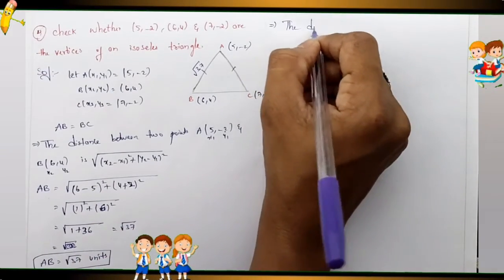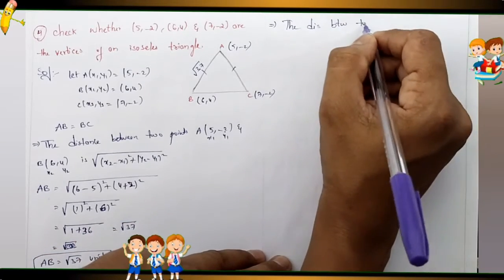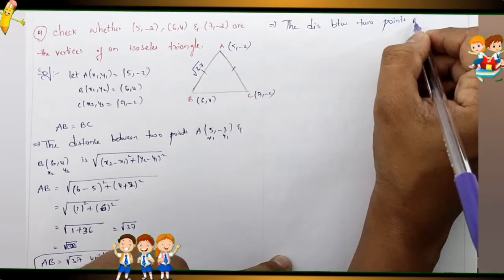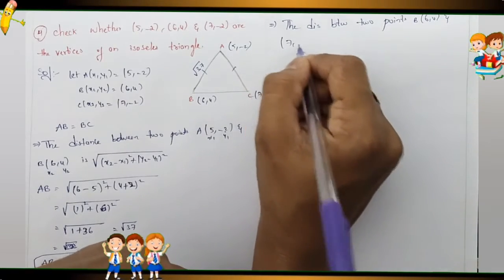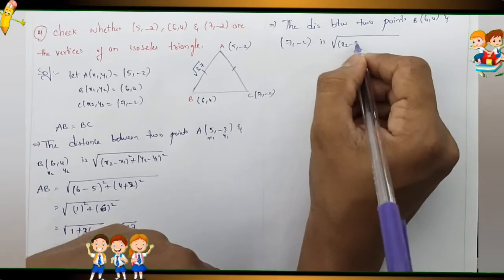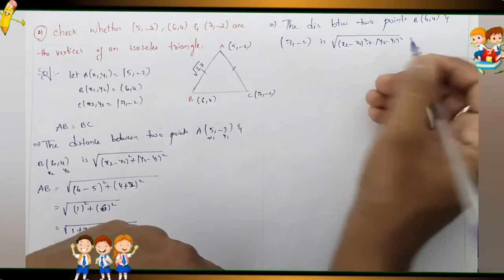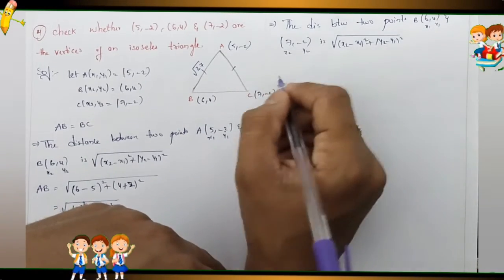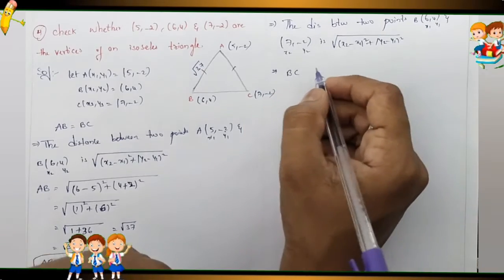Now the distance between two points B (6, 4) and C (7, -2). The formula is square root of (x2 minus x1) whole square plus (y2 minus y1) whole square. This is x1, y1, x2, y2.